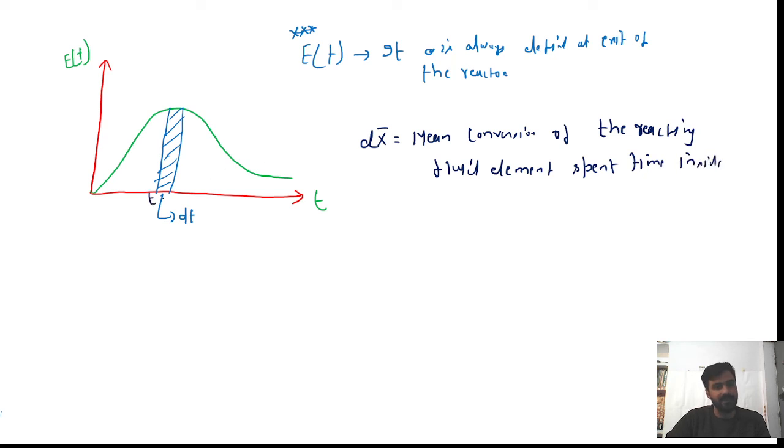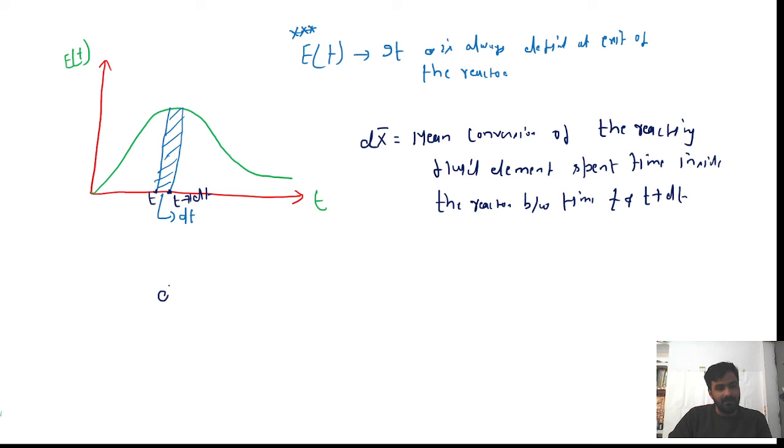Here, if it is T, and here I am assuming dt inside the reactor between time T and T plus dt. Are you getting? So you will have to understand this thing.